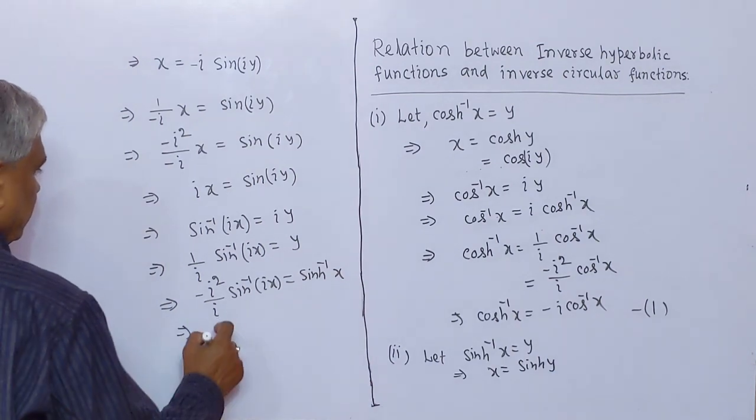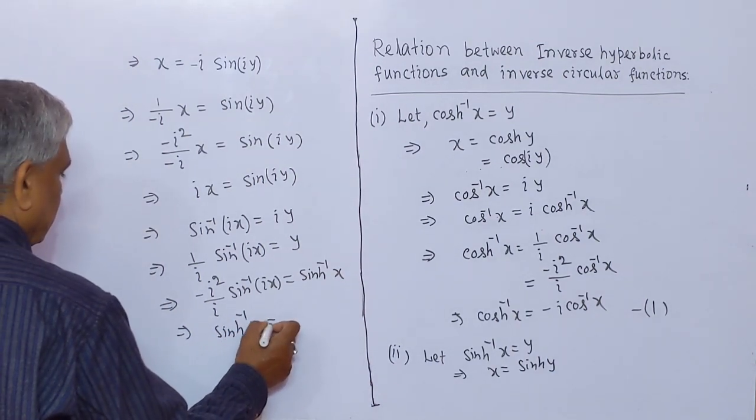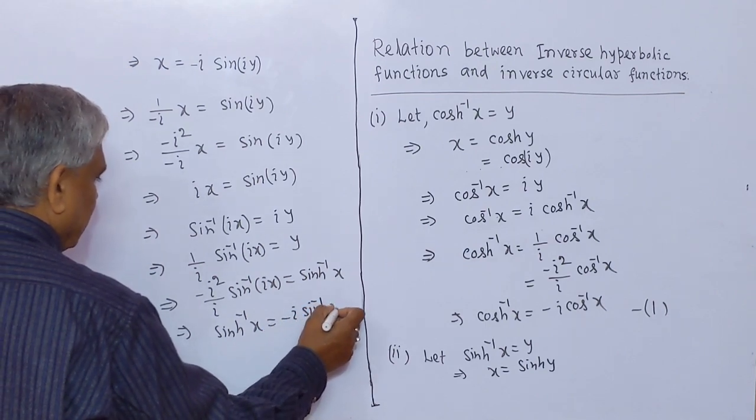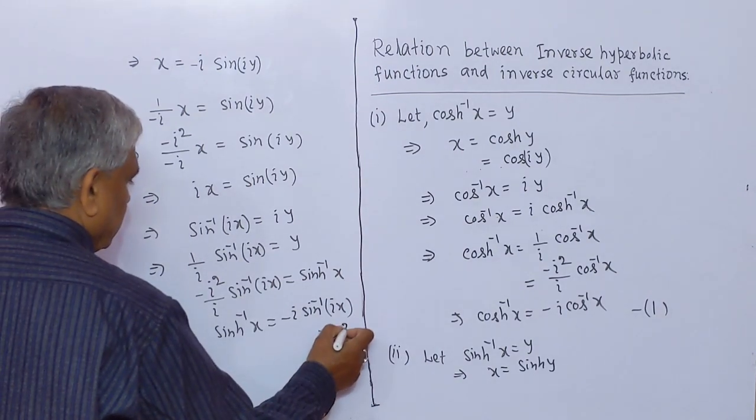We write sine hyperbolic inverse x equals minus i sine inverse of ix. This is number 2.